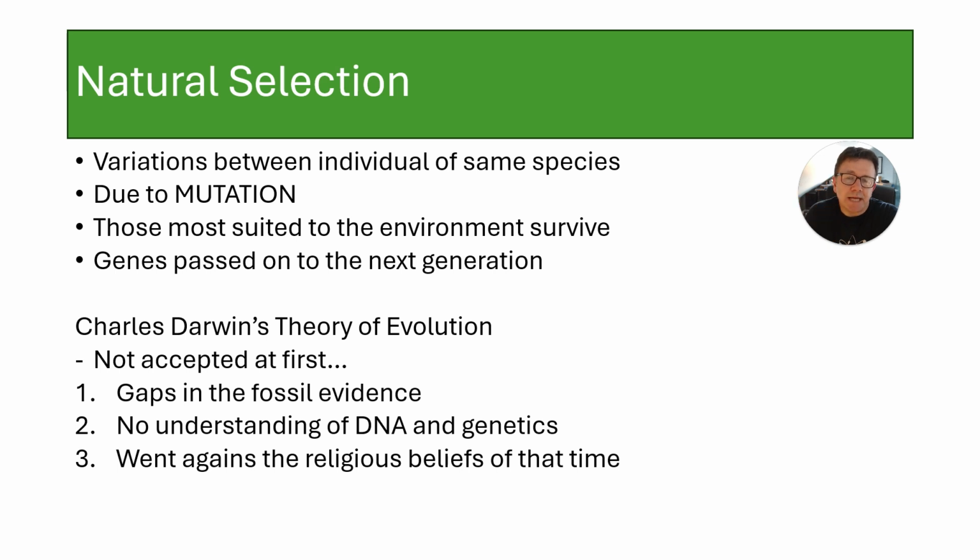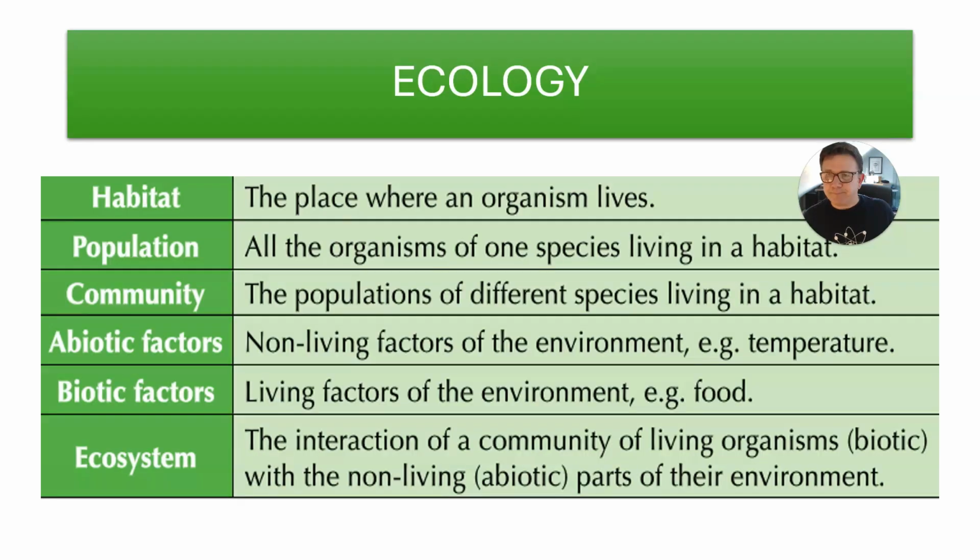They then grow to adulthood and they pass those genes on to the next generation. Charles Darwin was not accepted at the time because there were gaps in the fossil evidence, they didn't understand DNA and genetics, and it went against the religious beliefs of that time.